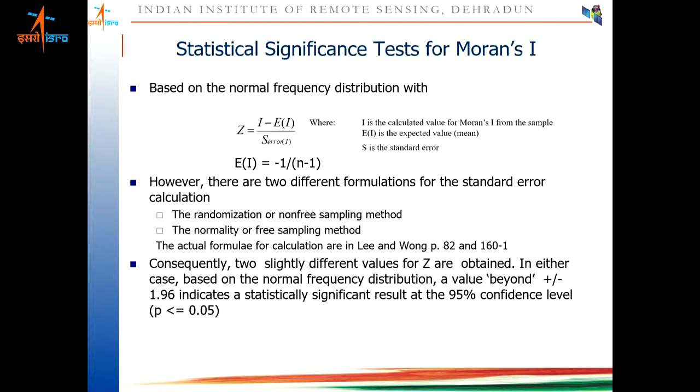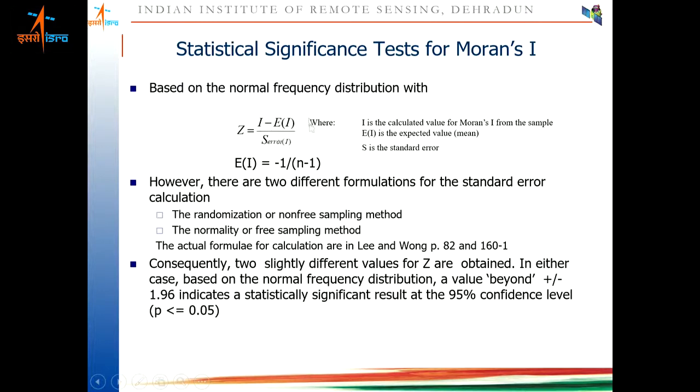So if I is calculated, then statistical significance also needs to be done to check whether the calculated I value is reliable or not. Here z is equal to I minus expected value of I divided by standard error.